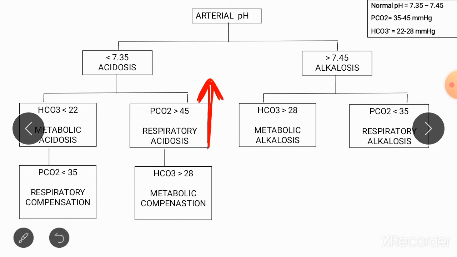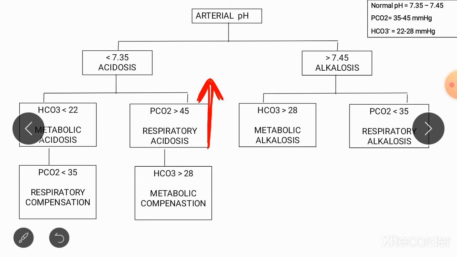So when the lungs are disturbed, who is going to compensate? The kidneys are going to compensate. And how can kidneys compensate for acidosis? They can compensate by increasing bicarb in the blood. So if the bicarb value which is given to you is greater than normal, then you can say that this person is compensating for his respiratory acidosis, and such a person will be labeled as compensated respiratory acidosis, that his kidneys are compensating for his respiratory acidosis.